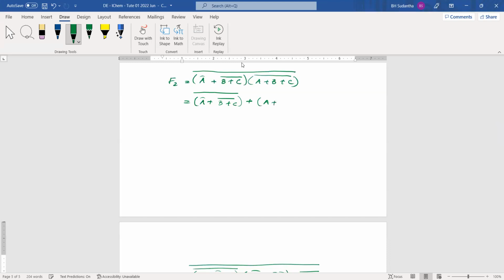This one, A plus B plus C. Then we can break this one into 2 considering this point. Then you can see A and B plus C.